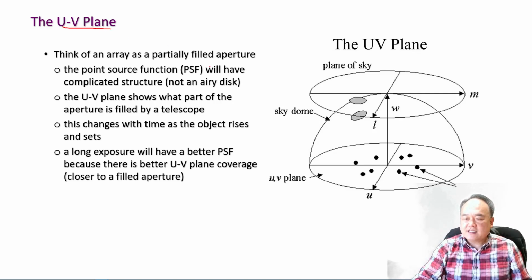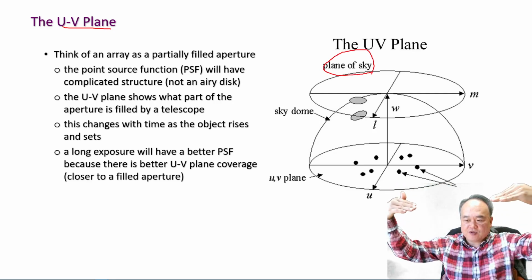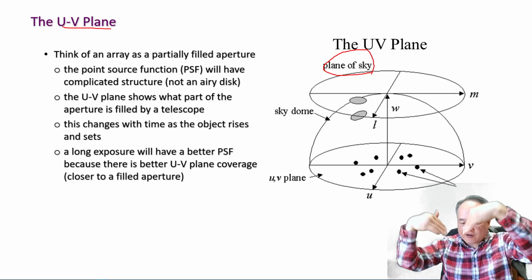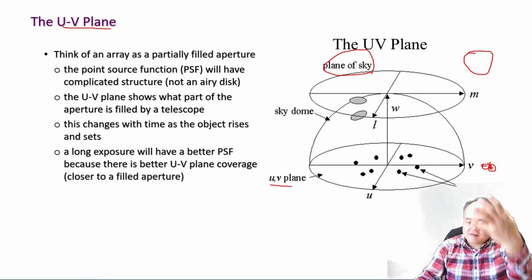The UV plane is basically where the two-dimensional sky image is mapped into the Fourier transformed domain.